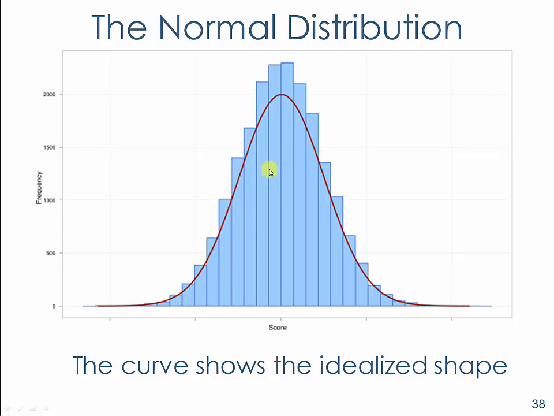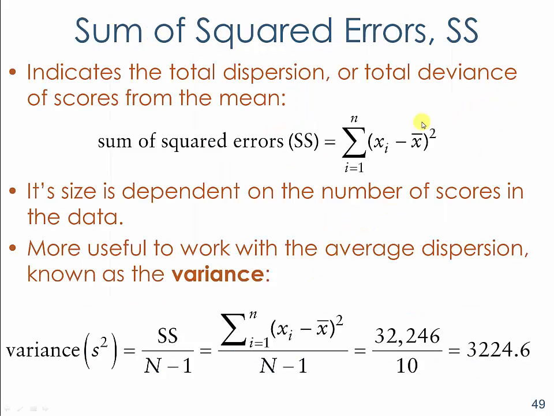Because this is symmetrical, in other words, both halves of the distribution on either side of the mean are the same, if we add all of those together, the total deviance is going to be equal to 0. If we instead square each of those differences, those negatives on the left side of the distribution will all become positive values. So that's why we square those values.